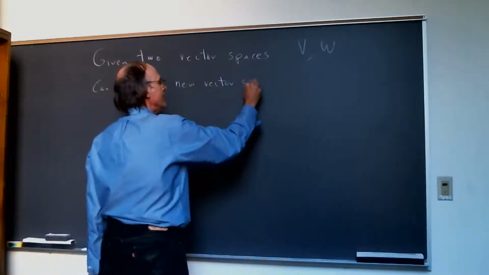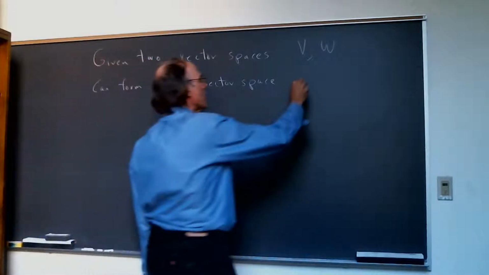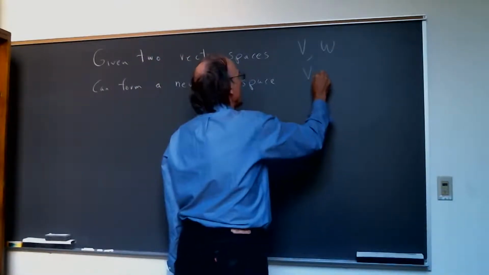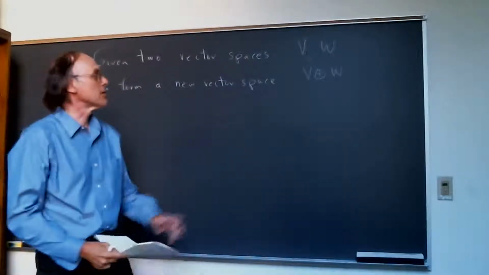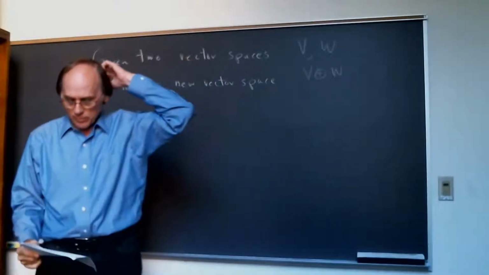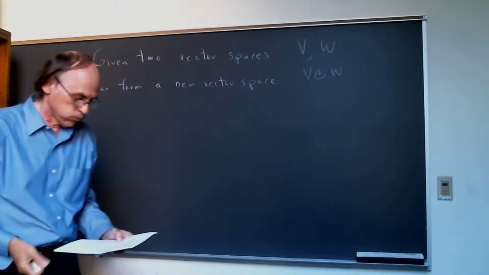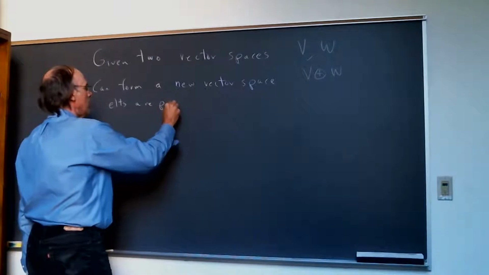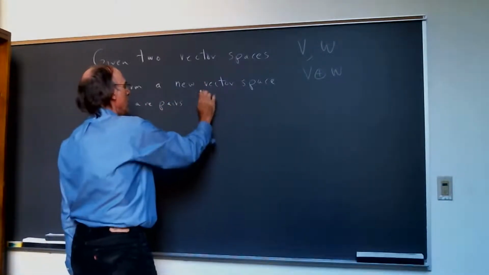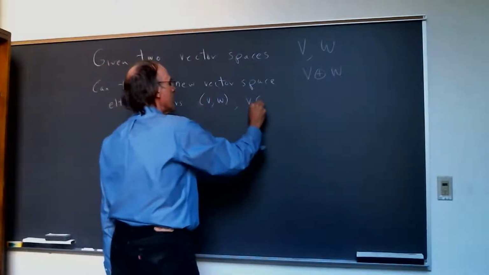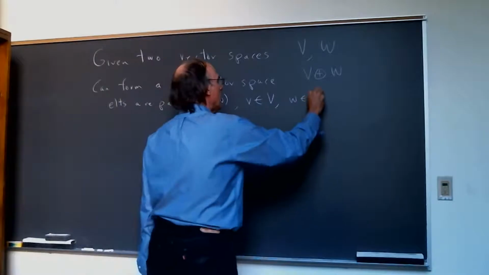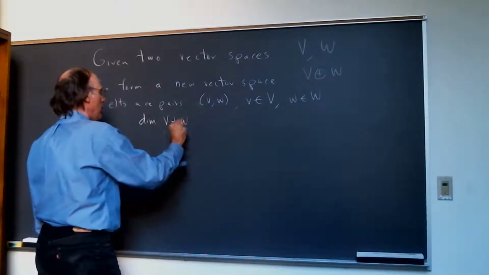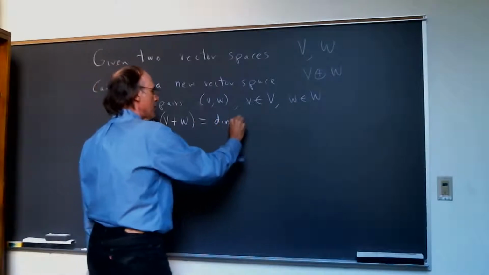The first thing to think about is V ⊕ W, which you can think of as kind of the sum of these things, and the elements are pairs (v, w) of v in V and w in W. And then the dimension of this is equal to the sum of the dimensions.